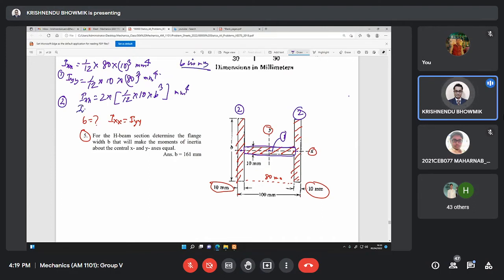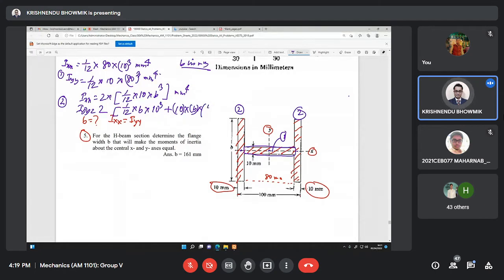So Iyy equal to 2 times, as we got Ixx, now Iyy, correct? For Iyy we will do with respect to centroid. 1 by 12 multiplied by base b multiplied by 10 cube plus area 10 multiplied by b multiplied by distance square.